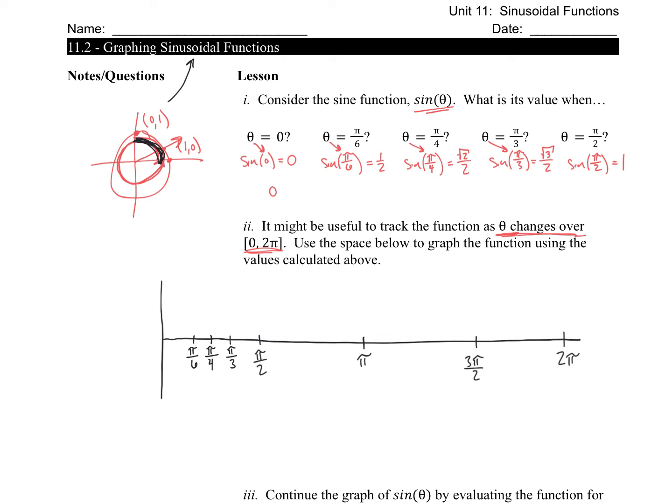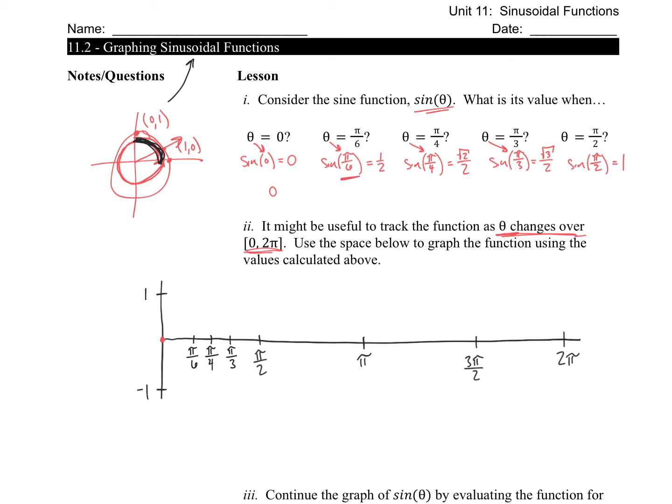All right, so let's plot the points that we've got so far, and this is just like plotting any function, right? So sine of 0 is 0. So I've got a point at (0, 0). That's 0 on my x-axis, and let me give my y-axis a label here. I'm going to say this is probably going to oscillate between 0 and 1. We'll see why that is in a moment. Then we have pi over 6.